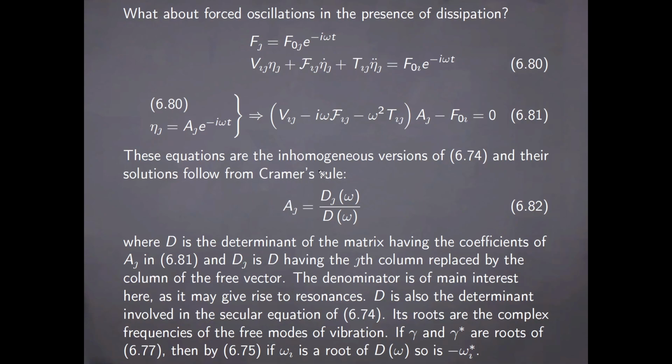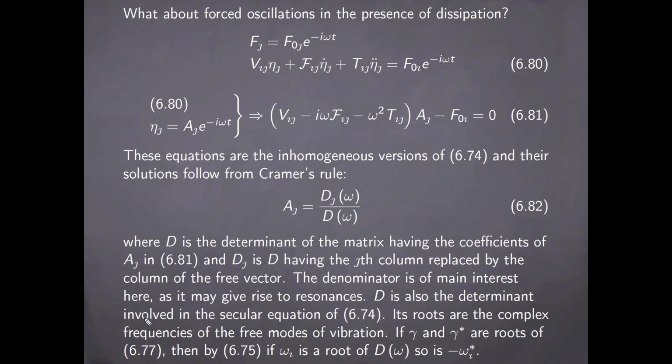So the amplitude A_j for each equation is given by this ratio, where the denominator is the determinant of the matrix having the coefficients of A_j in 681, and D_j is that same determinant, but having the jth column replaced by the column of the free vector. The denominator is of main interest here, as it may give rise to resonances.